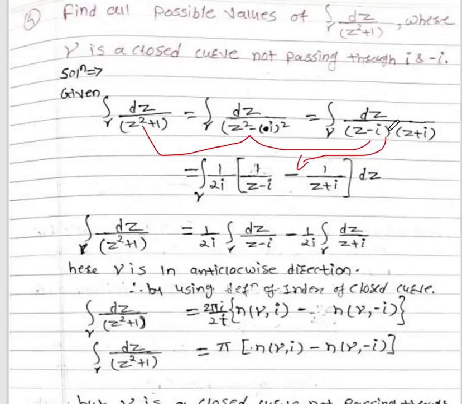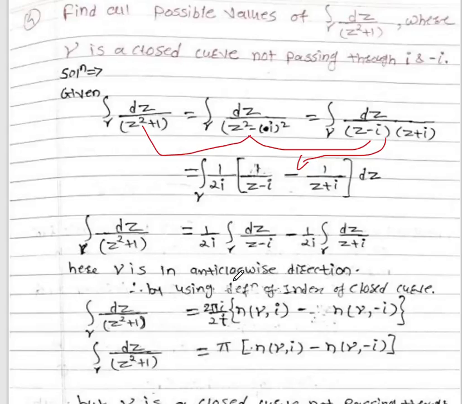So this term can be expanded in this way. Now separate this integral. You will get the first integral as 1 upon 2i integral over gamma dz upon z minus i, and the second integral is minus 1 upon 2i integral over gamma dz upon z plus i.